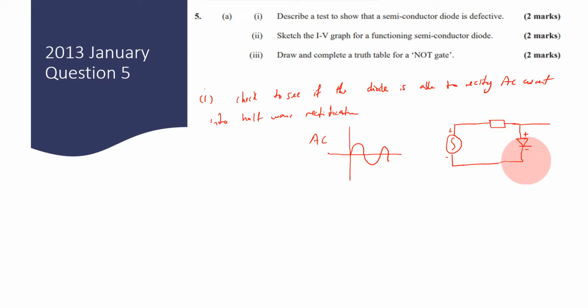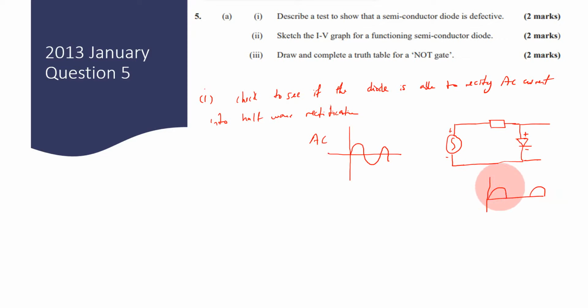If we were to connect an oscilloscope right here, we should get our output wave looking like this. So to check if it's defective, you wouldn't get this as the output if the diode is defective.